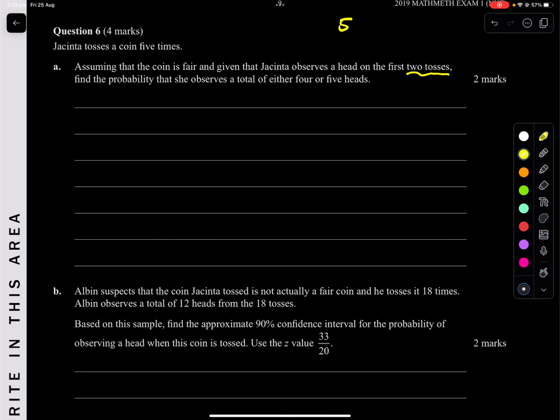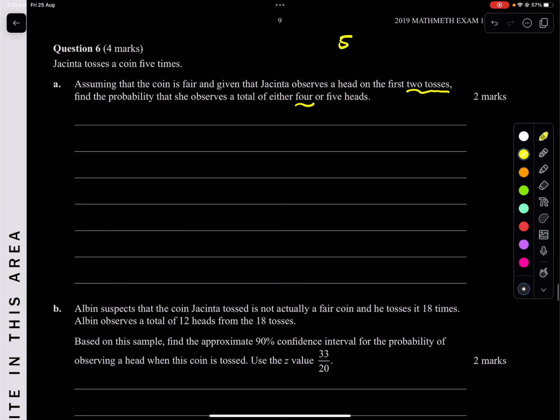So let's think of it like this. She's thrown it 5 times, and on the first 2 tosses she's already got heads, and she wants in total 4. So we just need another 2 to make it.